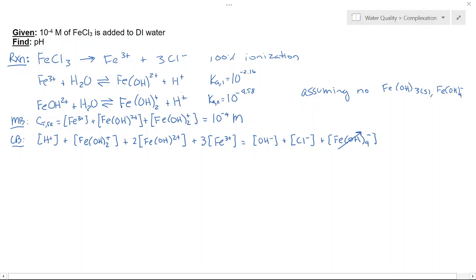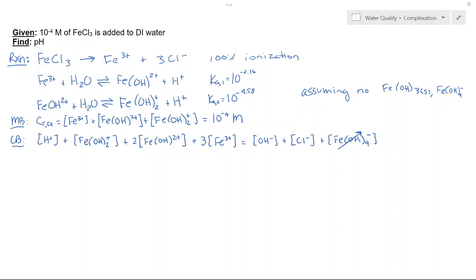And that's a pretty good assumption to make because I'm adding ferric to water and I know it's going to react with hydroxide. So I know that the pH of the resulting solution is going to be pretty low, and the FeOH4 minus is only important at very high pHs.